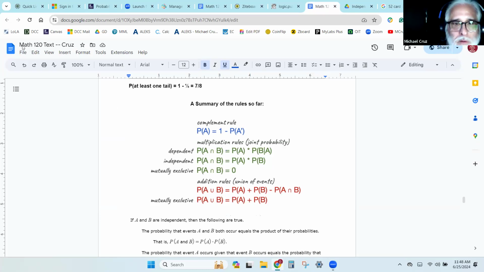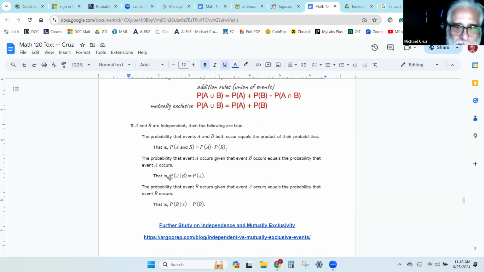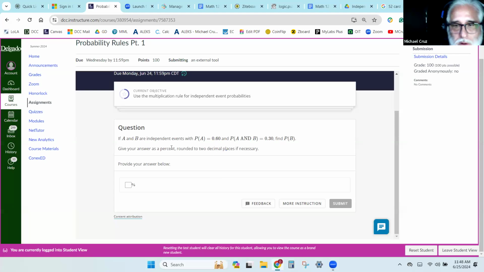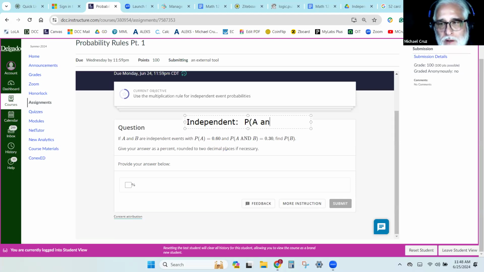And also that the probability of A given B is equal to A, and the probability of B given A is B. All right. If they're independent, find probability of B. So again, if they're independent, probability of A and B is equal to just the probability of A multiplying.